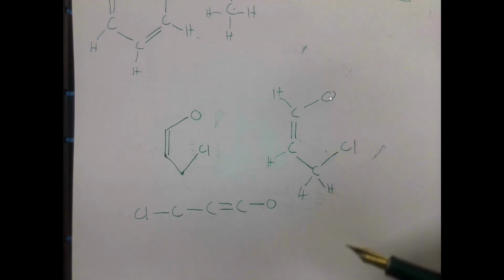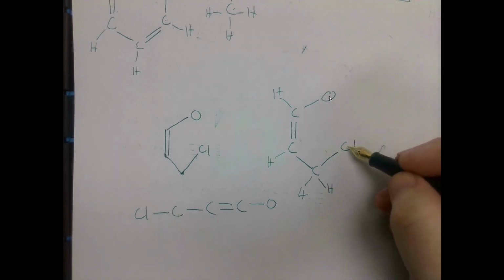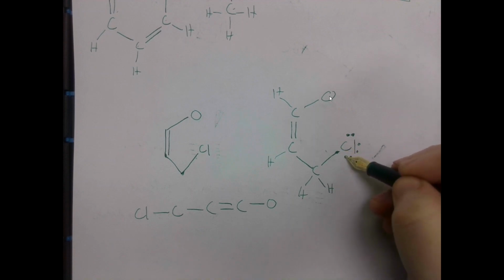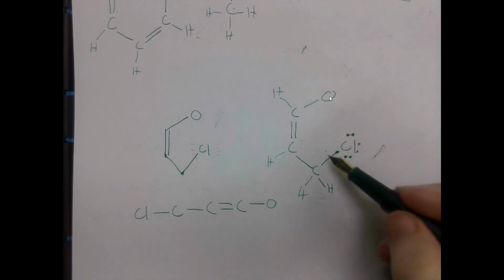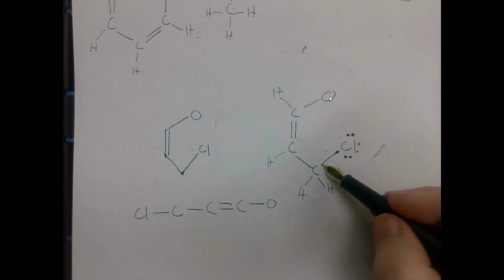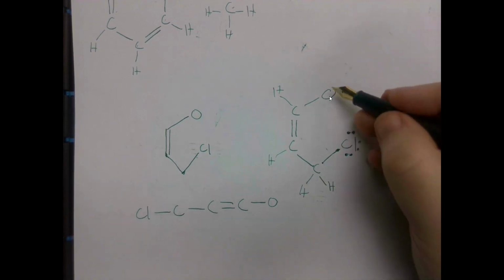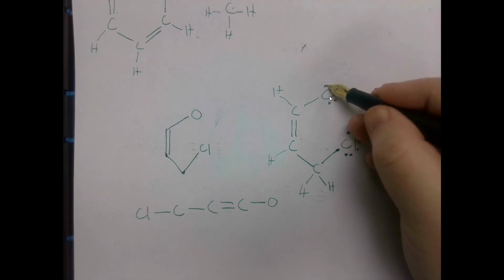And make sure you add dots around the other ones. So chlorine has 1, 2, 3, 4, 5, 6, 7. These are the original valence electrons. If you count all the electrons around it, you have to remember that the carbon is sharing one with it. And 1, 2, 3, 4.